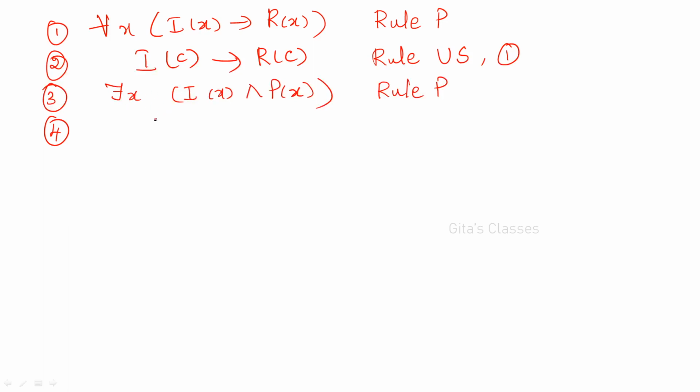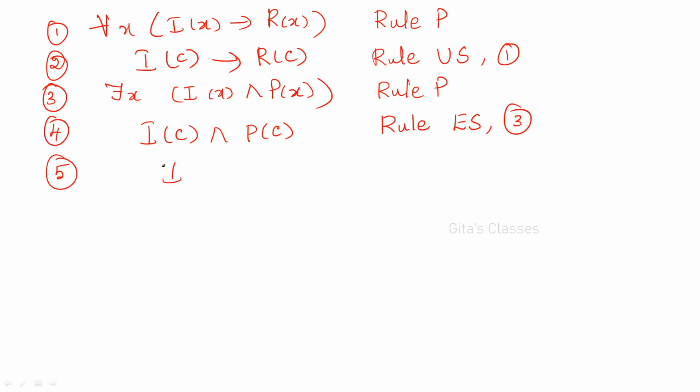So I have to write, there exists a particular value c for which this is satisfied. So I(c) and P(c). This is from the existential quantifier, I am writing for a particular, specified element. So existential specification, from step 3. So next, from step 4 I can write I(c).